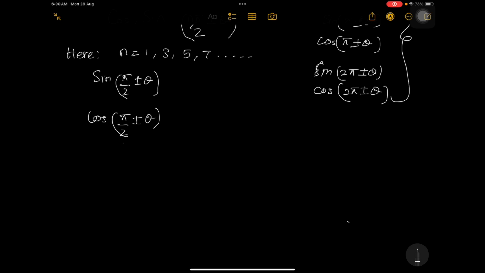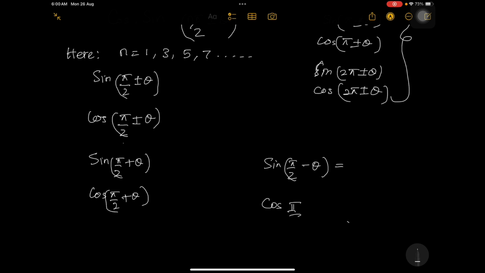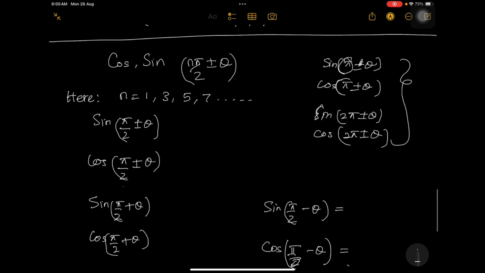So let's move on to sine pi by 2 plus theta first, then cos pi by 2 plus theta, then sine pi by 2 minus theta, and then cos pi by 2 minus theta. So let's find out easily the values. I already told you, if it's pi coming, pi plus theta, pi minus theta, 2 pi, multiples of like even numbers.